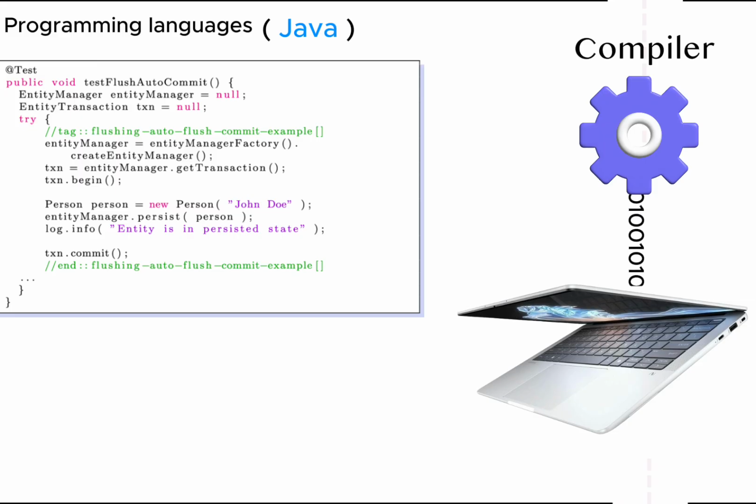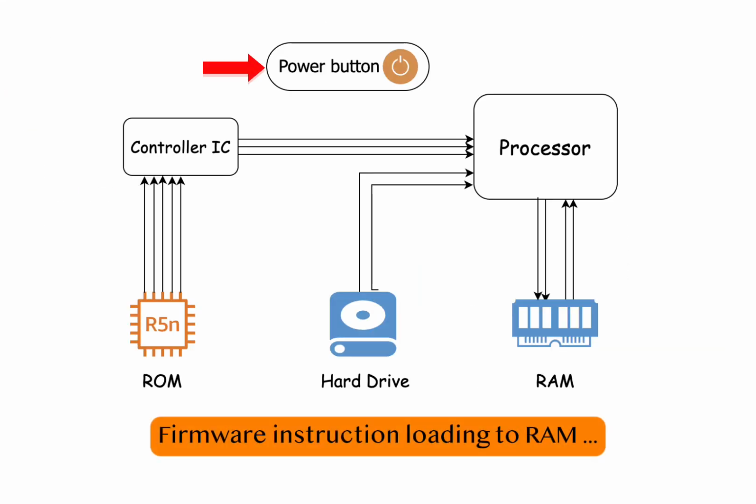Before starting any programming concept, we need to understand how a computer understands a computer program. During the manufacturing of a computer, engineers provide some instructions to make the processor understand what to do after the user presses the power button. These instructions are located inside ROM, known as firmware application.